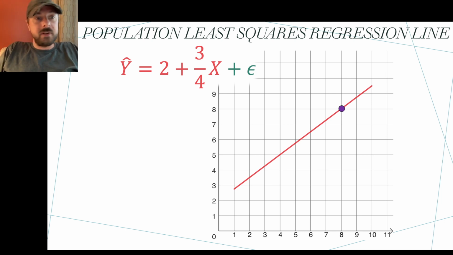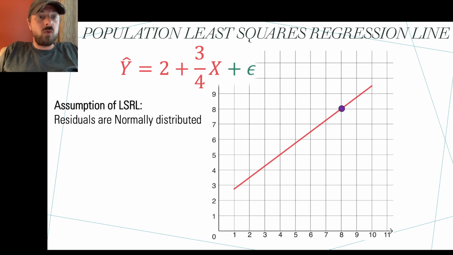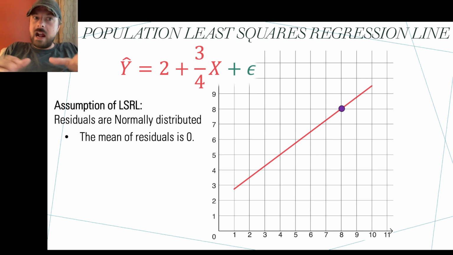And the core idea for us is, regardless of whatever the distribution of x is, epsilon is going to be normally distributed. Our residuals away from our predictions are going to be normally distributed with a mean of 0. In other words, on average, our predictions are going to be correct.